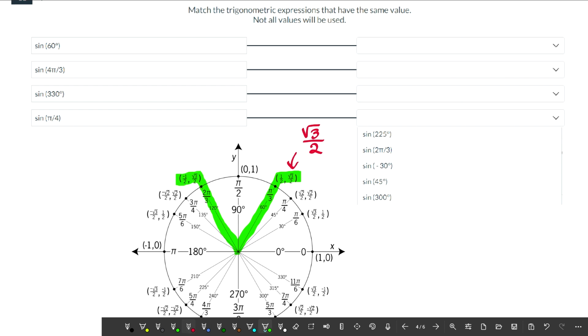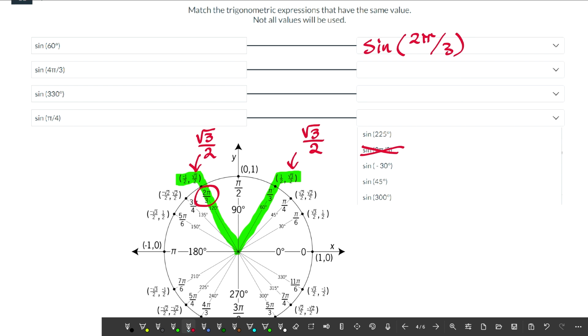At 2 pi over 3, you have the same y-coordinate, square root of 3 over 2. Since those both have the same y-coordinate, they are the same sine value. So that would be sine of 2 pi over 3. So that one's done.